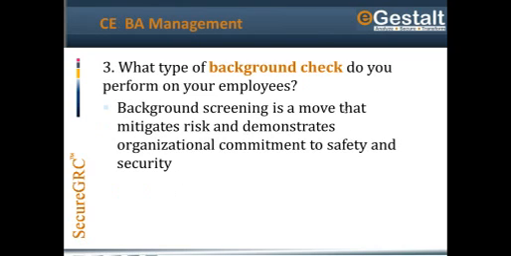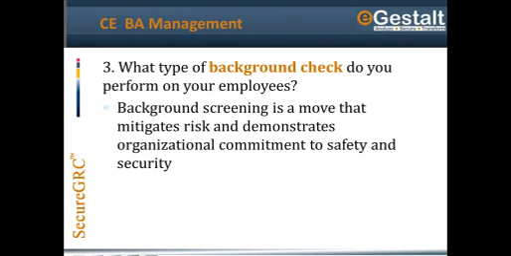The third question is, what type of background check do you perform on your employees? This is again a question that drives home the point that employees in the organizations that you work with, business associates and vendors, need to be educated and trained on the risks associated with handling patient data.